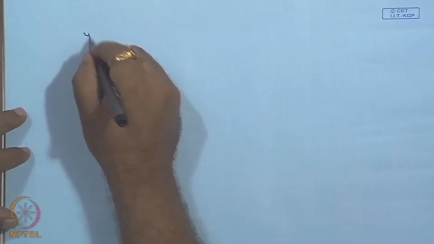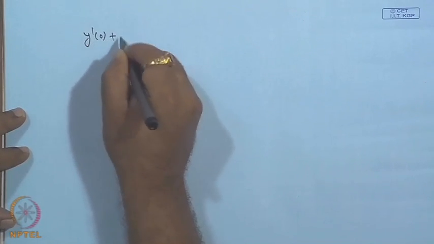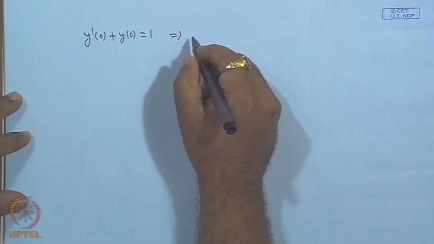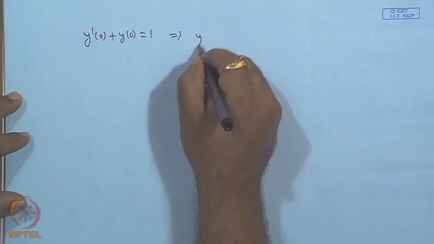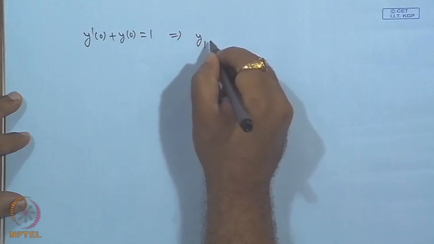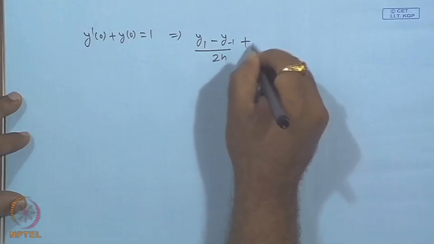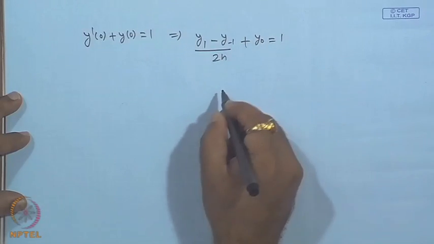Then so this will be y 1 minus 1 by 2 h. So, y 0 is 1.